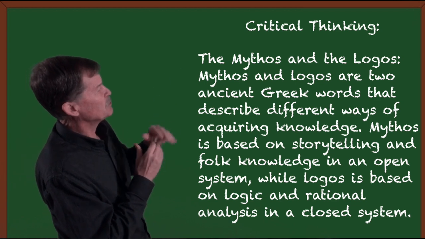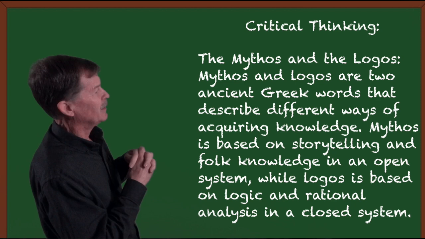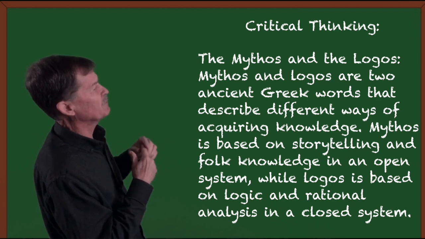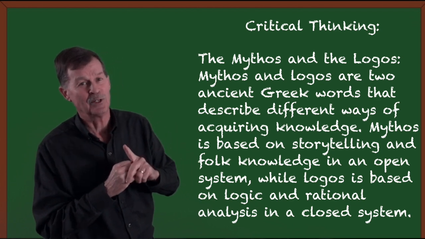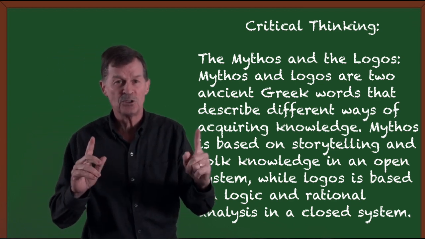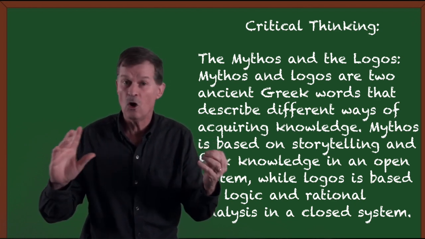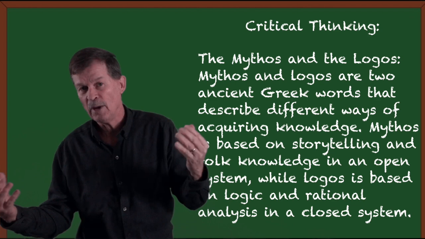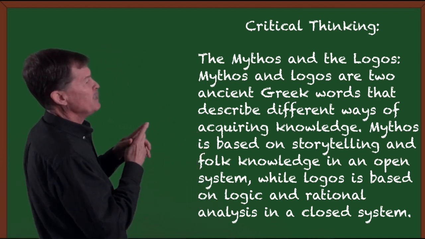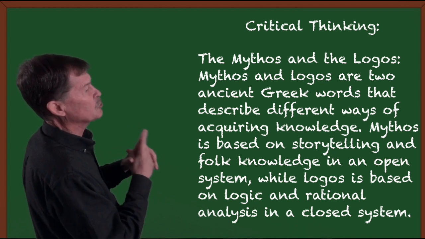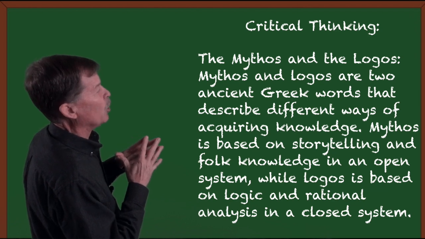Well, the mythos and logos are two ancient Greek words that describe different ways of acquiring knowledge. Okay. So mythos is a method of acquiring knowledge, and logos is another method of acquiring knowledge. And how do those methods work? Well, mythos is based on storytelling and folk knowledge in an open system.